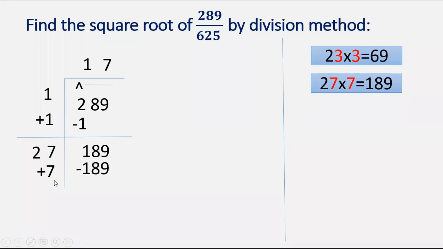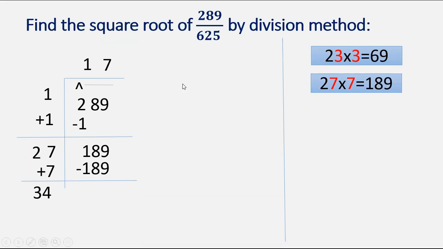Okay, 7 is going to be added because 7 is multiplied over here. We have taken the number 7 here. So 27 plus 7 is 34. 7 plus 7 is 14. 4 is here and 1 is carried over here. So 1 plus 2 is 3. So here we get the answer of numerator 17.